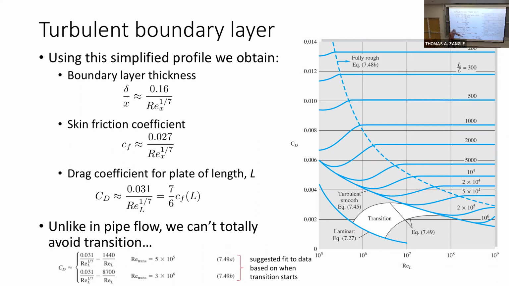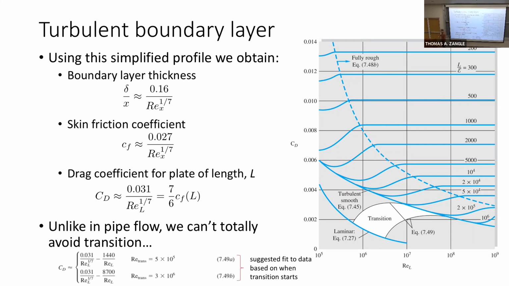If your transition is at 5 times 10 to the 5th, you use this. If your transition is at about 3 times 10 to the 6th, that's perfectly mirror smooth at exactly 0 degrees angle of attack with no disturbances whatsoever, then you would use this form. So there's basically a range of curve fits that we have to use if we're close to the transitional turbulence regime.